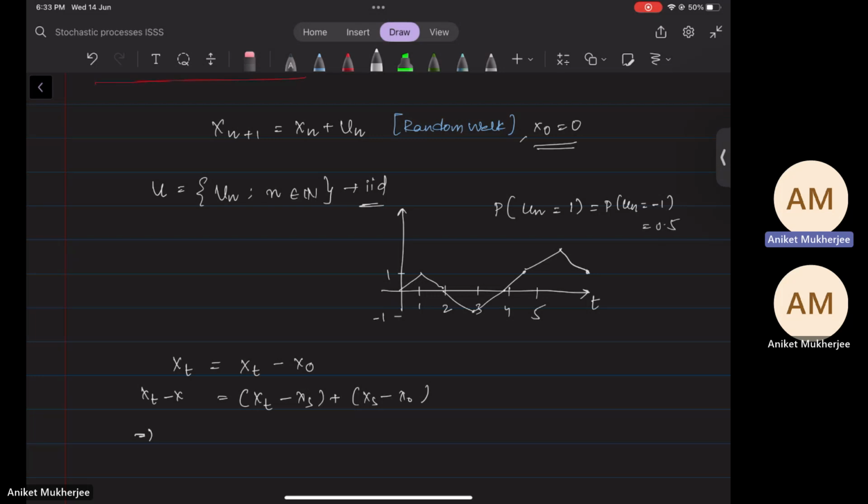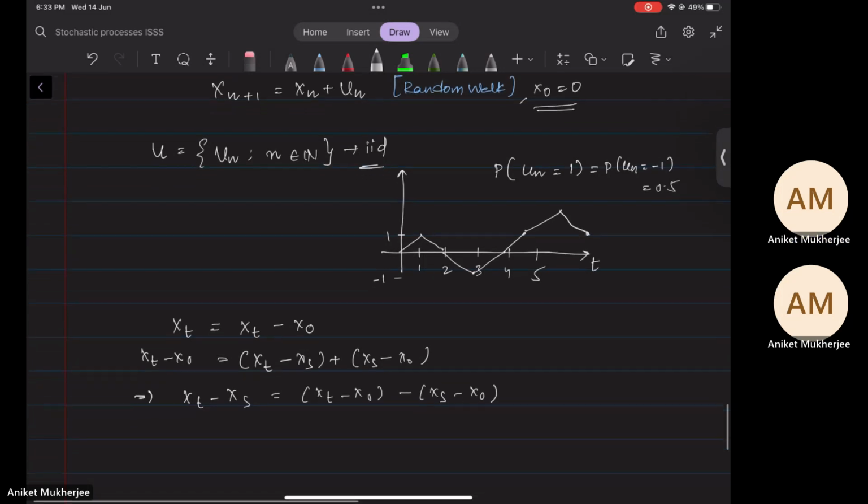Now I know X_t minus X_0 is this, and then I take X_t minus X_s, which is X_t minus X_0 minus (X_s minus X_0). So this is basically a summation of the step functions from s to t minus 1.